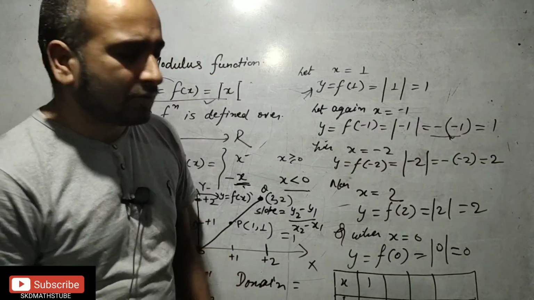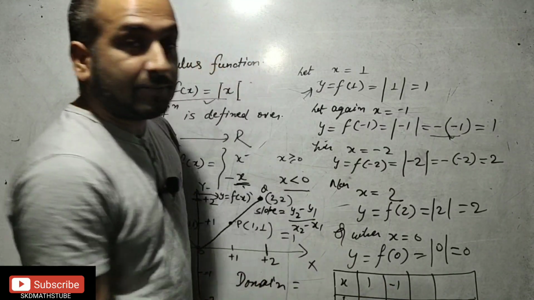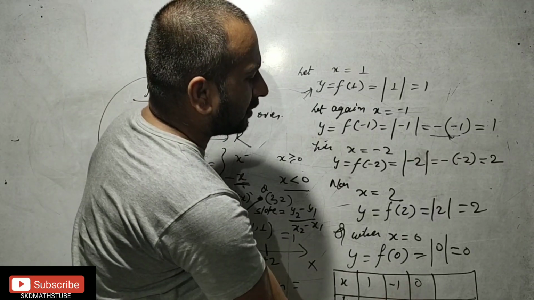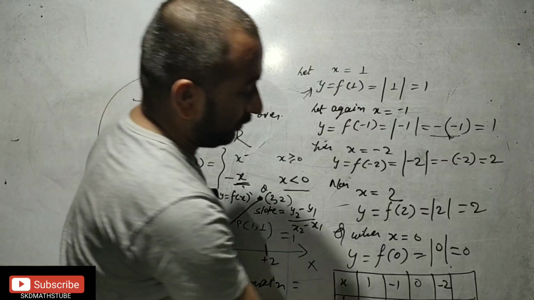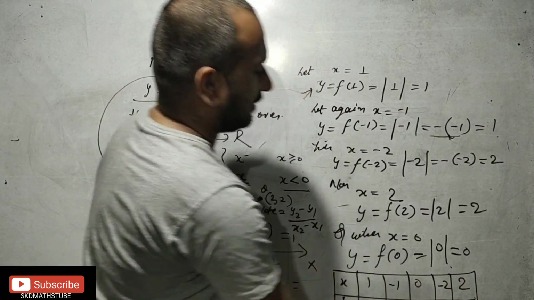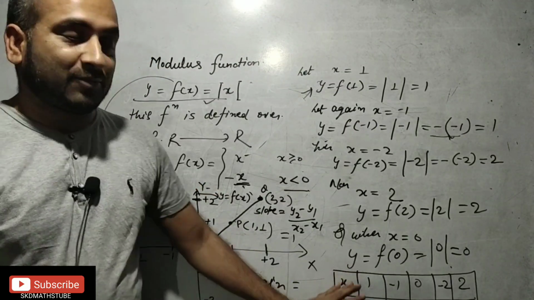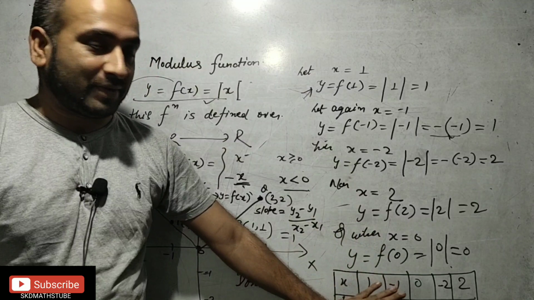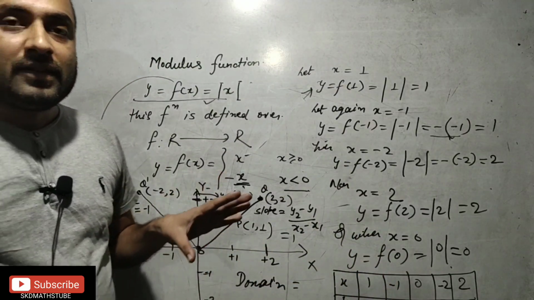When x is equal to -1, y is also 1. When x is equal to 0, y is 0. When x is equal to -2, y is positive 2. And if you take x equal to 2, y is also 2. Okay, I had already plotted these points, but I forgot to make the table, and now I have made it. So finally, what is the domain?